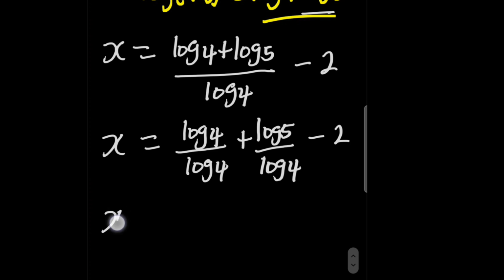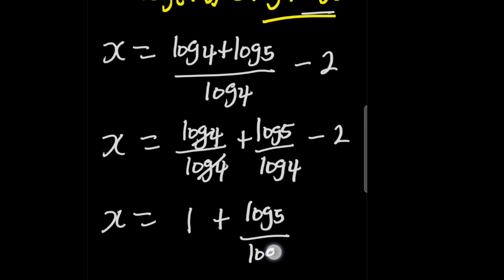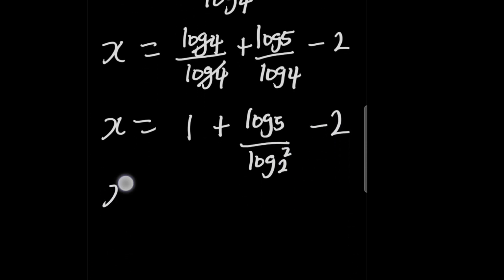So we're going to have x to be equal to log 4 divided by log 4 is going to be 1, then plus log of 5. Then this log 4 can also be written as what? Log of 2 raised to the power of 2. Then remember this minus 2. Now we're going to have x to be equal to 1 minus 2 is going to give us minus 1, then plus log of 5.